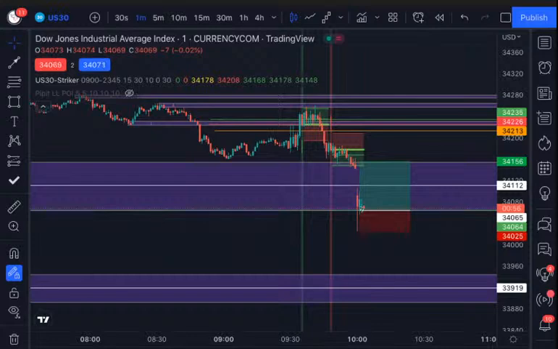Good, 77. I'm just doing a small lot size. Stop loss below that wick. Let's take it to the upside. I'm already in profit on that position.